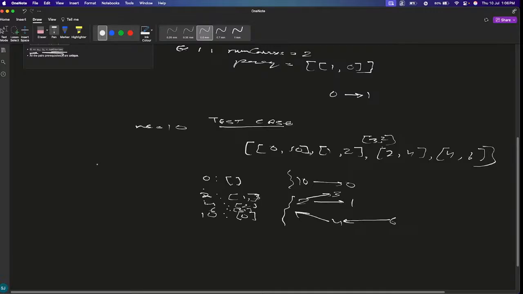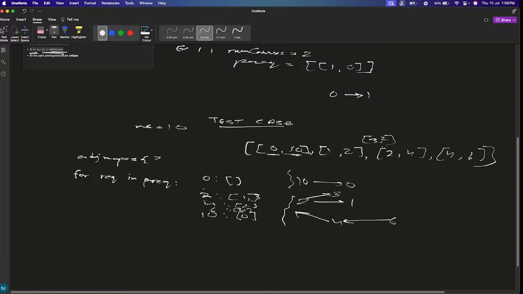So the code for this should be pretty simple. For requisite in prerequisite, what I know is this will be the key, this will be the value. So there was an adjacency map.